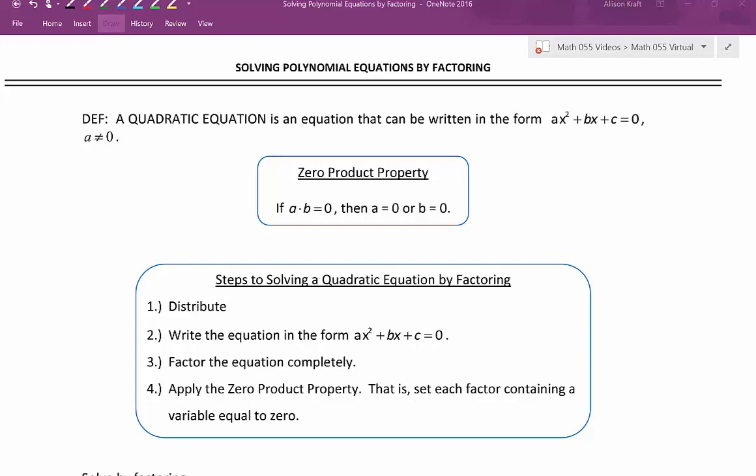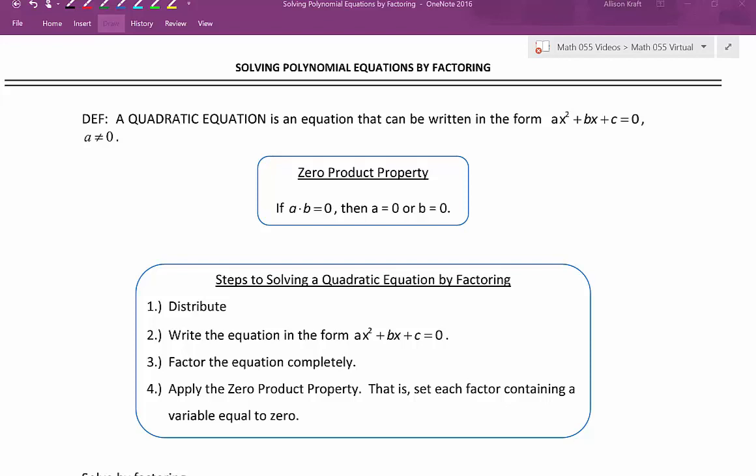The zero product property says if a times b equals 0, then a equals 0 or b equals 0. And that makes sense. If two things multiply together and they equal 0, one of them's got to be 0. Our steps to solving a quadratic equation by factoring are, first, we'll distribute.